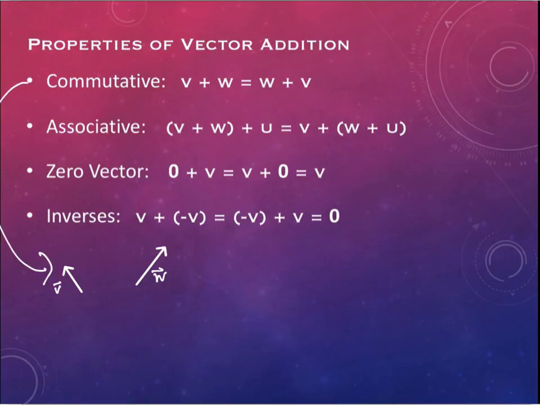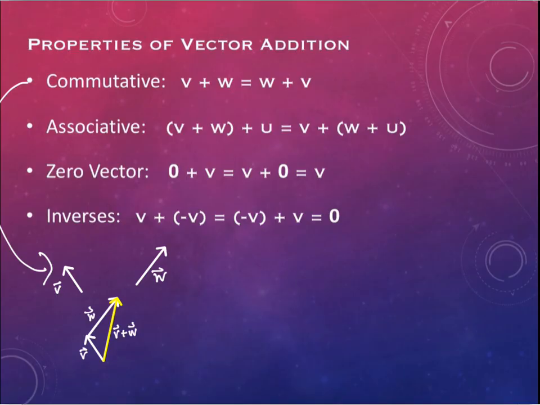So what we had said before is that if I wanted to do v plus w, we would do v, and then we'd do w, right? And it would look like this, with the line between it right here. Okay, so this was v, this is w, and this is v plus w.